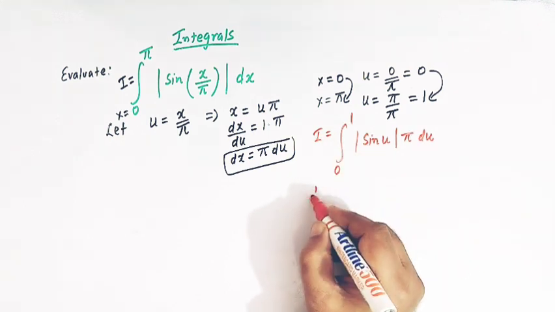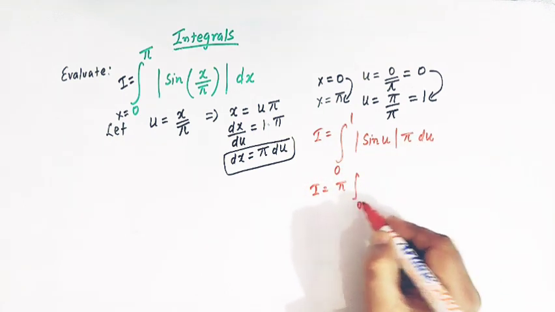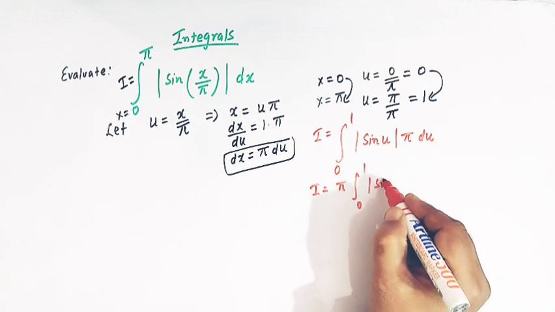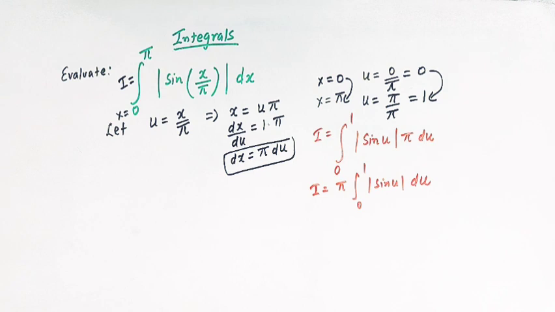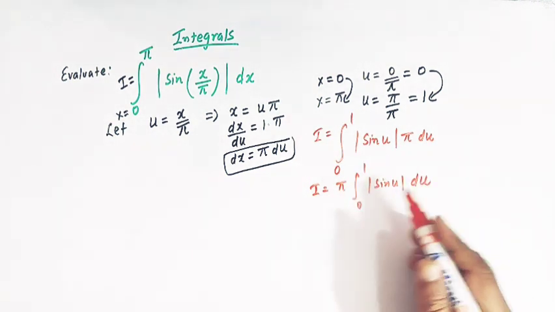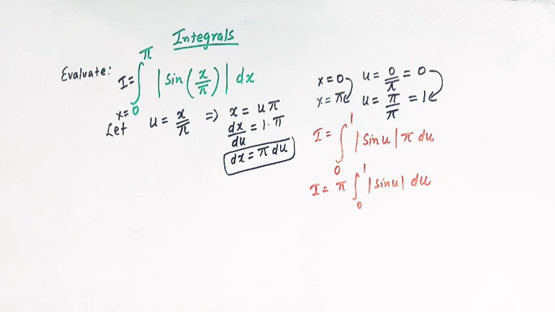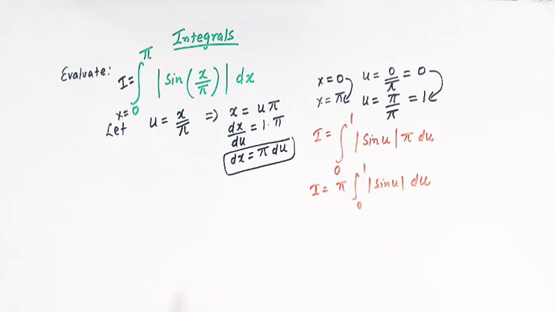Taking this pi outside the integral, being a constant, we have pi times the integral from 0 to 1 of mod of sine u du. To move further, we have to make use of an important concept in trigonometry, and from the concept of real numbers, let us see how we can simplify this integral.